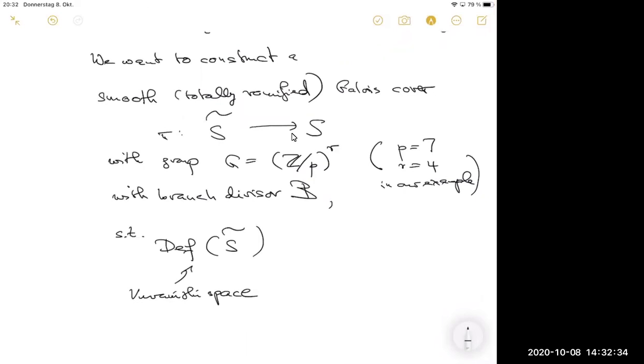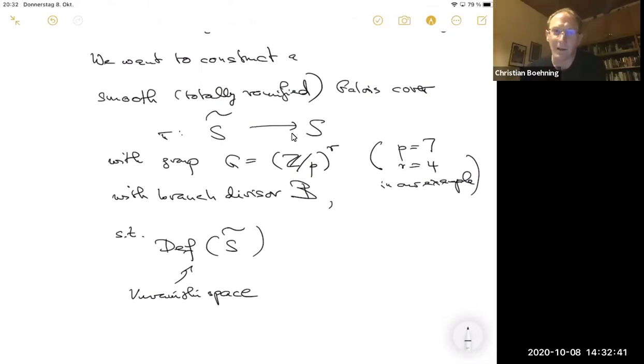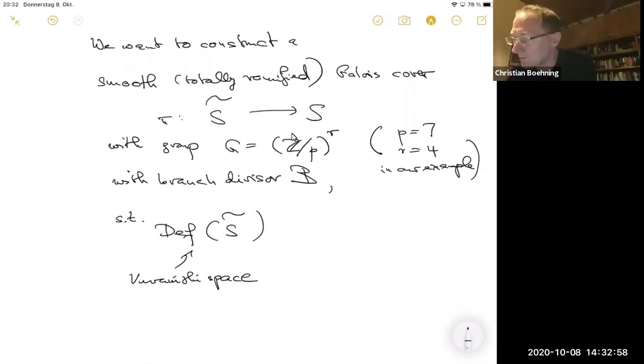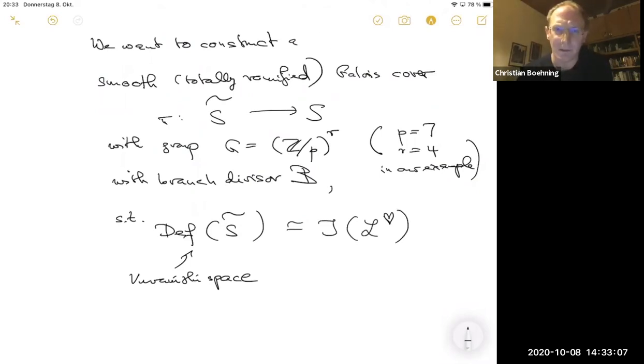Sorry, do you fix some monodromy data? I'll tell you how we construct the covering. I'm just saying this is the goal. I'll just tell you in a minute how we construct it. Of course, it is not clear how to do it. But such that the Kuranishi space of this S tilde is isomorphic to the incidence scheme of our line configuration.